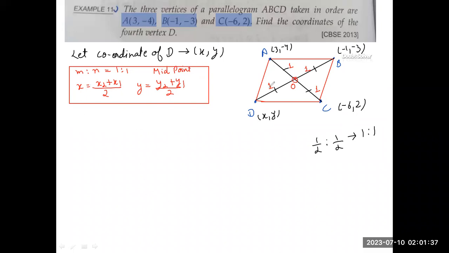So here I got an idea about how we can solve it. I got to know these parts all use the midpoint formula. I want to find the value for D only. Let's find the coordinate of O with the help of AC. For AC, O is the midpoint.